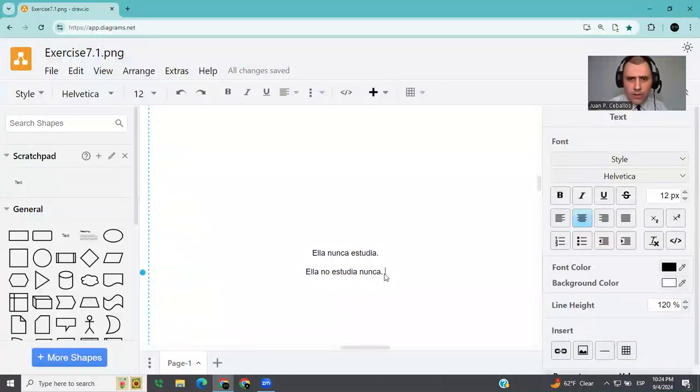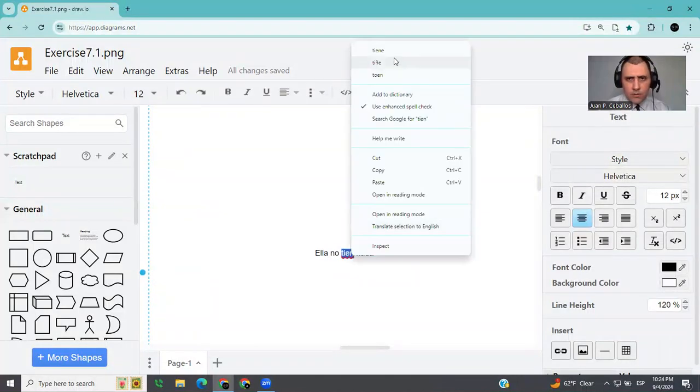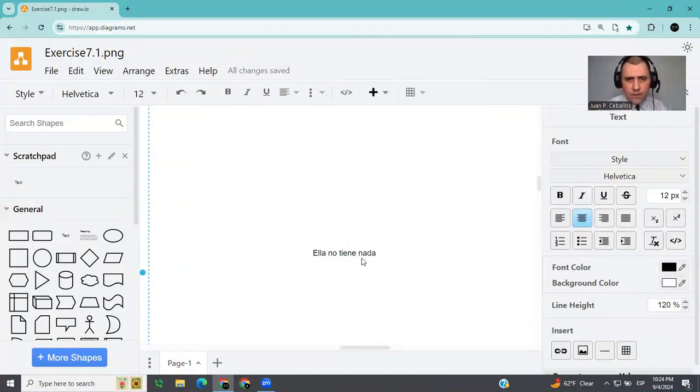Now, going back to nada, nada is one of those negative expressions that can be combined with other negative expressions. The last one was ella no tiene nada. In this case, I can replace the first negative with another negative expression, which is kind of the same idea in English.